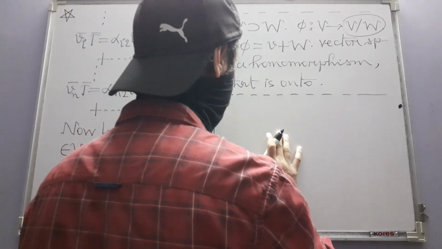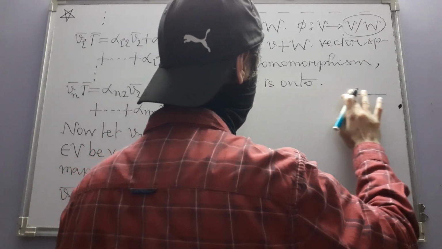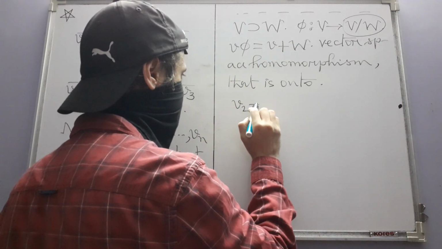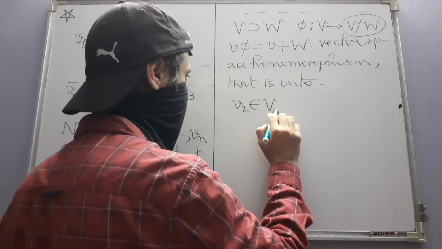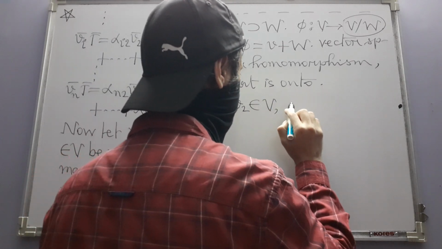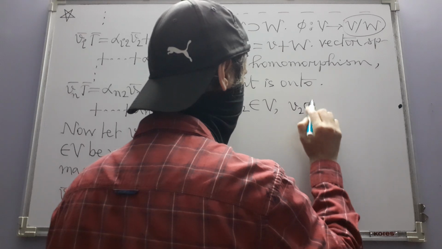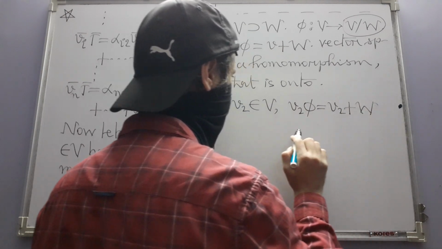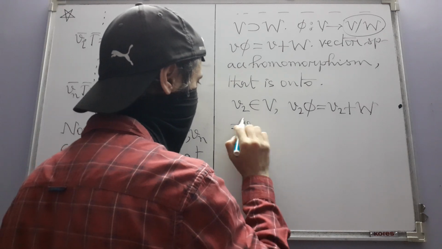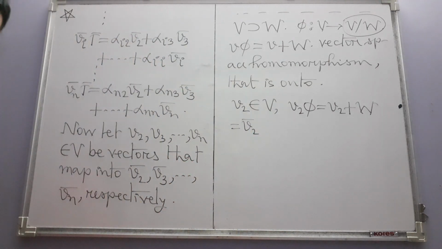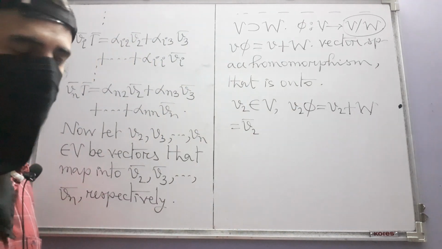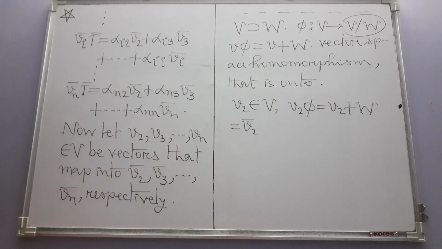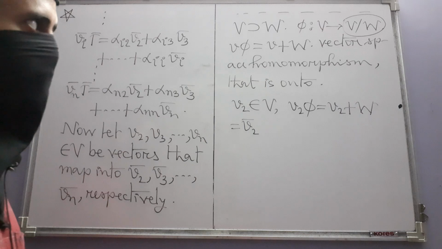What that means is this: V2 is a vector in V for which V2 phi, which is V2 plus W, is V2 bar. V2 bar is some coset of W, right? Let that coset be given by V2. So that kind of vector V2 is.